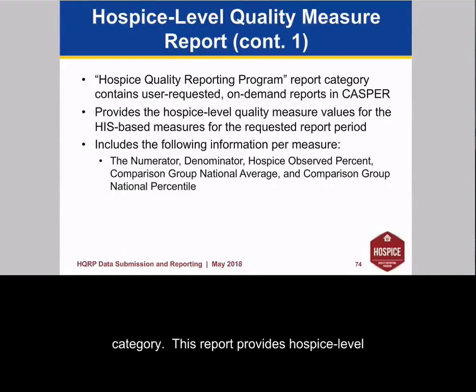This report provides hospice-level quality measure values for the HIS-based measures for the requested report period. The report includes the following information per measure. You will notice that the report displays the numerator, denominator, hospice observed percent, comparison group national average, and comparison group national percentile.